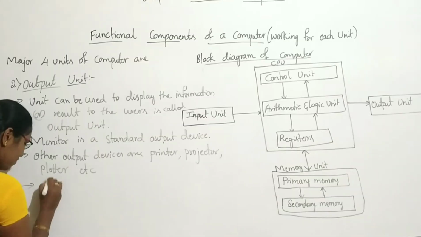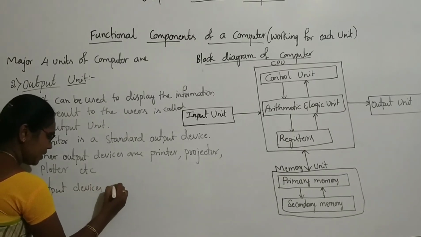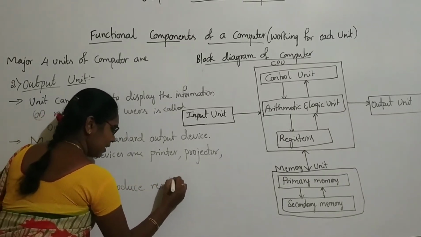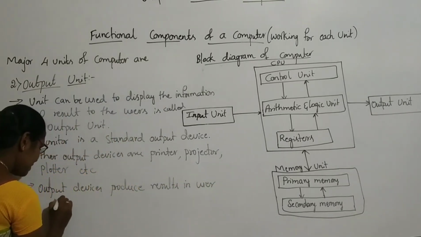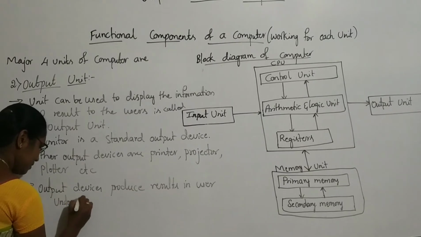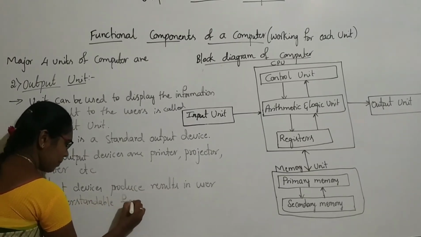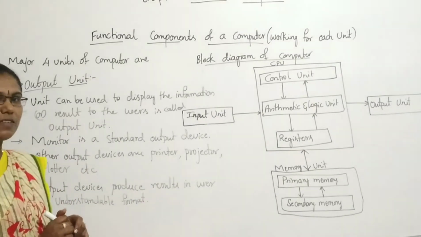Means output devices produce results in user understandable format. Because the data or information is stored in the format of zeros and ones.